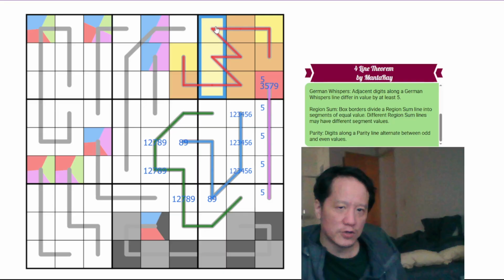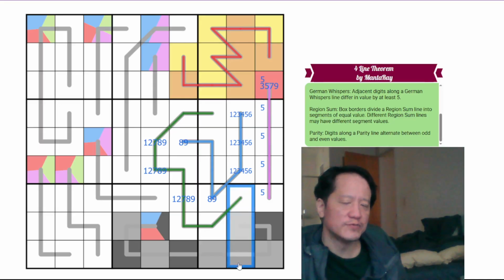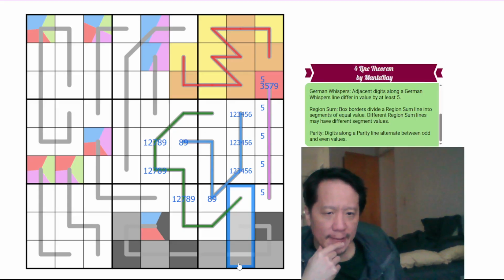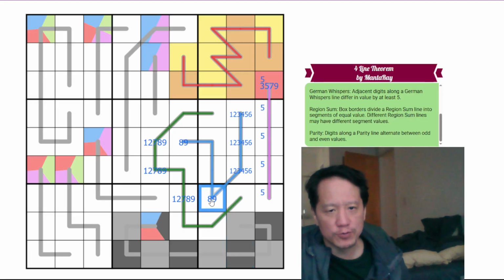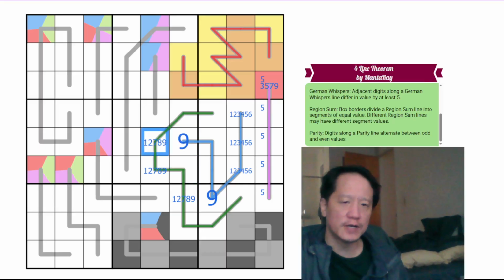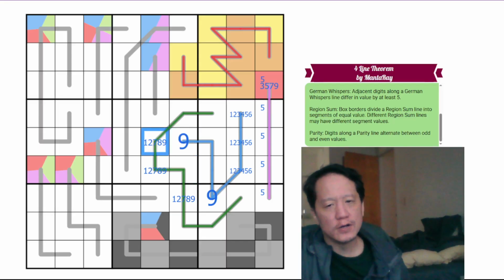And so this would all be odd. This would be 1, 3, 4. So it's 2, 6, 8 here. This would be 4. And the problem is this would be 5, 7, 9. So parity would force this to be a 9. You'd have 9 there. Oh, that's interesting with the Whisper 5 line, though.